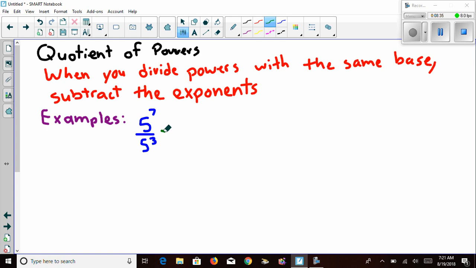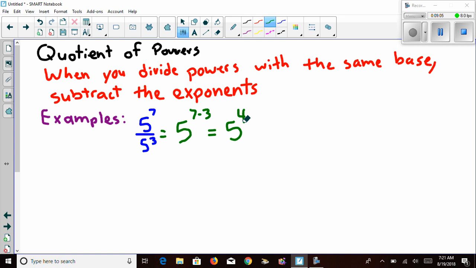In order to find that answer, I would take the 5 and then subtract the exponents. Well, 7 minus 3 is 4, so I get 5 to the 4th, and that is something we could find.